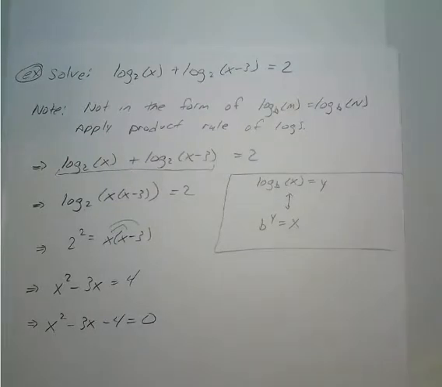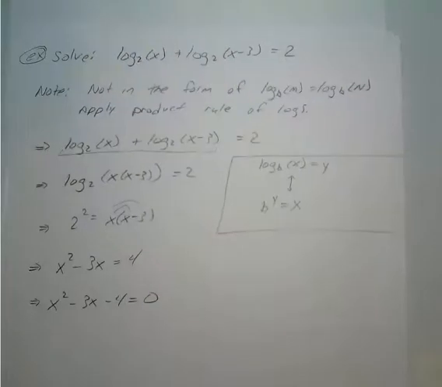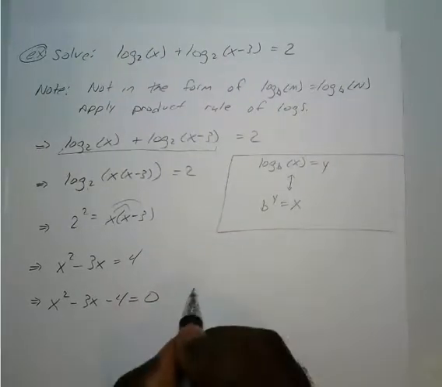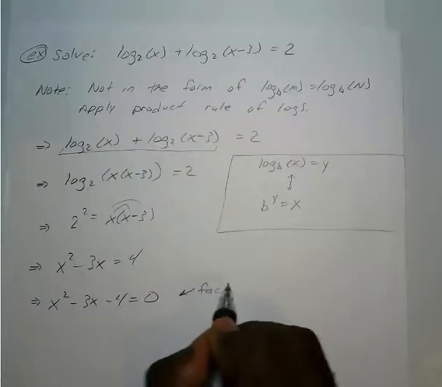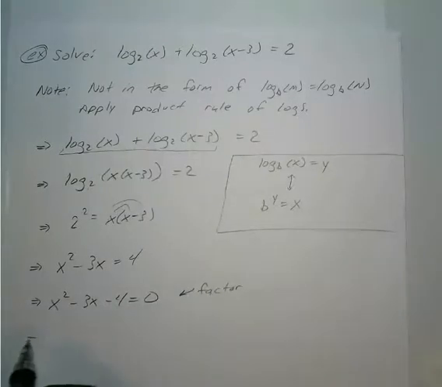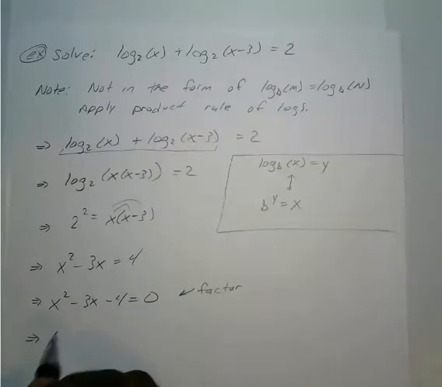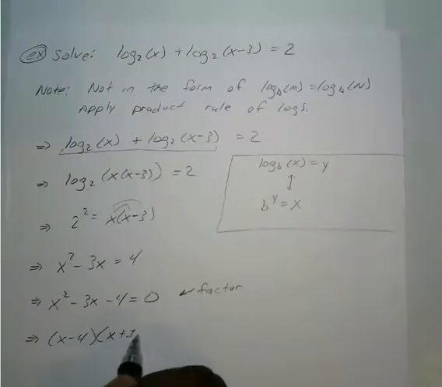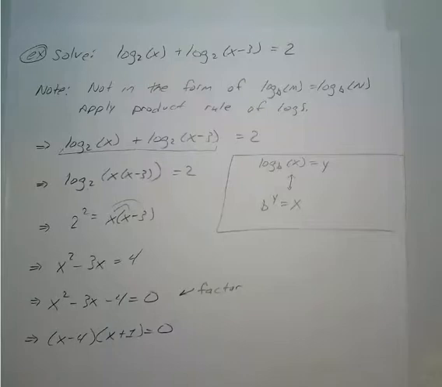Okay, so once you do that, you don't have to worry about anything else because now you just factor. Okay, so if you go ahead and factor, you end up with x minus 4 times x plus 1 equals 0. Now once you have that, all you have to do is just set both of those equal to 0 and you'll have your two answers.